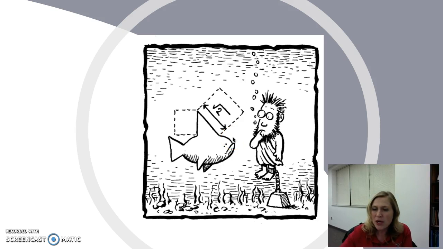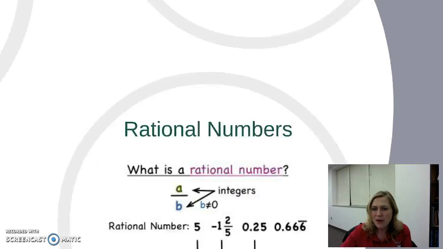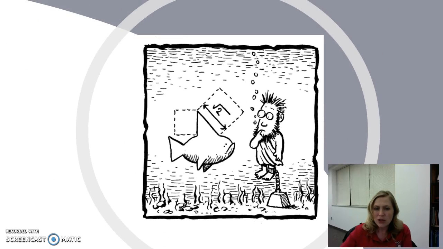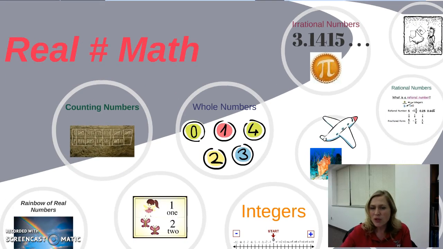And they were kind of worried about the idea of a number not repeating itself. And so it was frightening. Today we know it's exciting. It opens up all sorts of possibilities for math that we can do. Amazing math. So there's a quick introduction to our real number system.